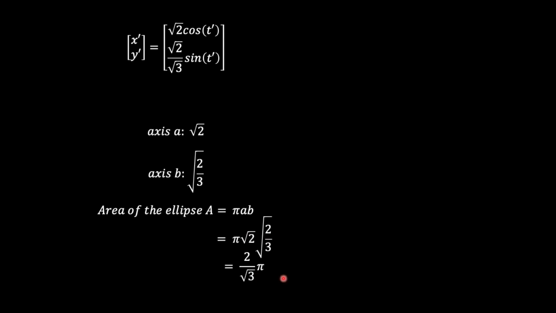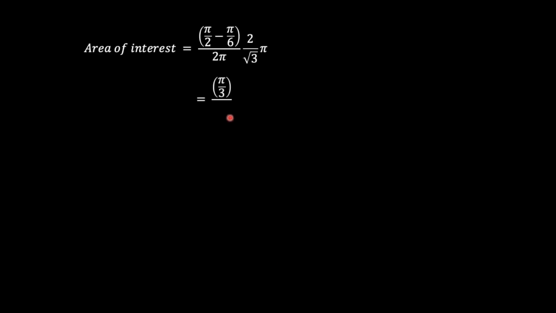And since the extent of the area that we're looking for is from pi over 2 to pi over 6, the difference is essentially pi over 3. So the area of interest is pi over 3 over 2 pi times the entire area of the ellipse.